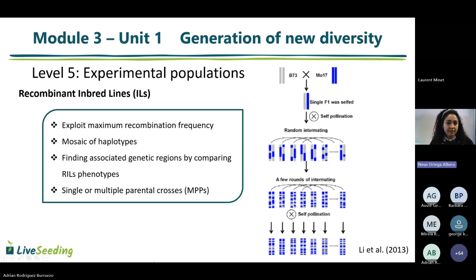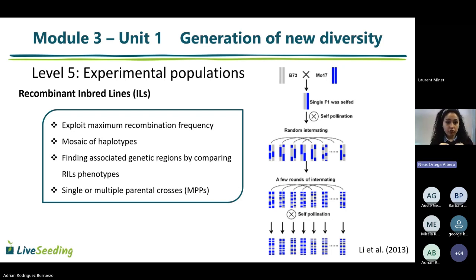Another type of population is the recombinant inbred lines, or RILs, which exploit the maximum recombination frequency within existing lines. They can be derived from a single or multiple cross, resulting in progeny that is a mosaic of the haplotypes from the parental lines, including portions of the genotypes of both parental lines and representing all the genomes within all the descendants.